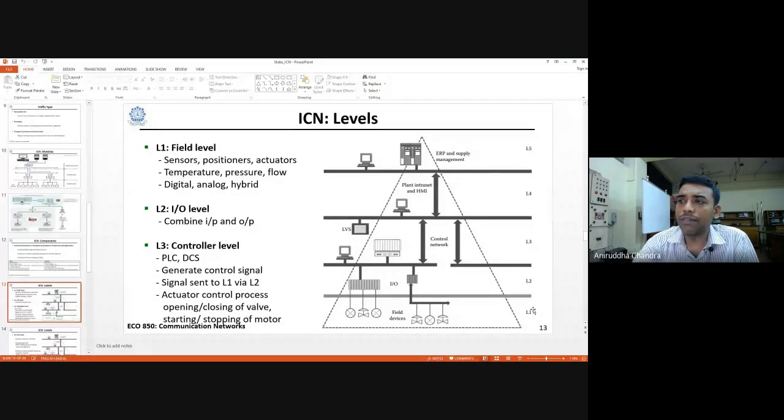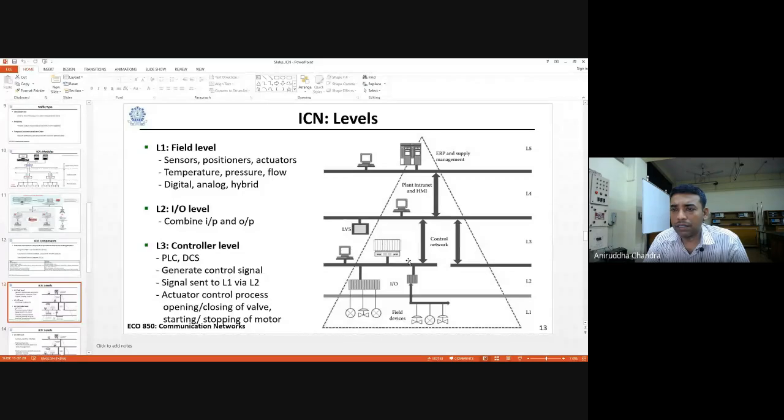Now, the L3 level is the control level, where we have the PLCs. Sometimes the L2 level is connected to the L3 level itself. The PLCs also have the accumulation part, but mostly the L3 level has either PLCs or DCS, where it generates the control signals. The control signals mean when to open the valve, when to stop the motor, when to take the record of the temperature, and so on.